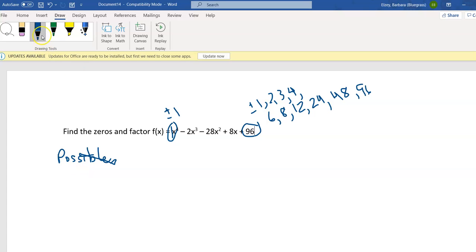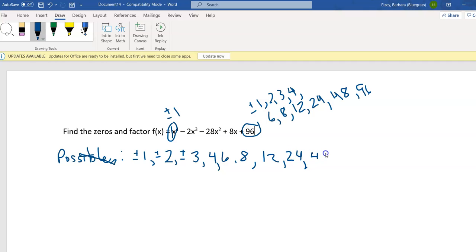All right, so we have positive and negative 1, positive and negative 2, positive and negative 3. And for the sake of expediency, I'm not going to keep writing my positive and negative, but let's remember that all of them are positive and negative. So we have this entire list of everything that goes into the 96.